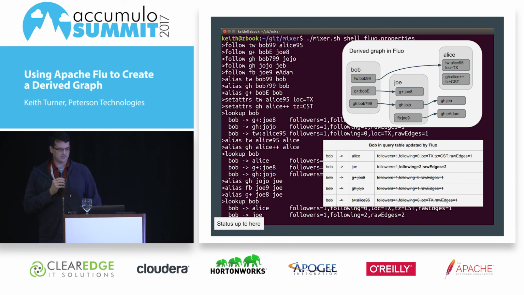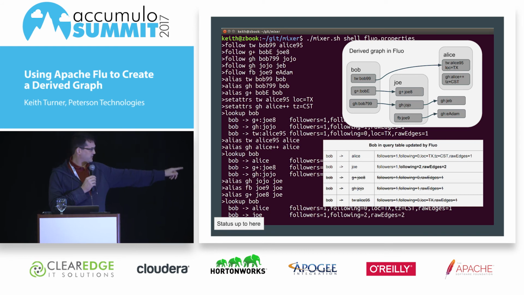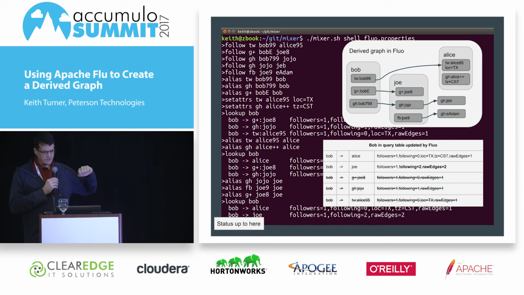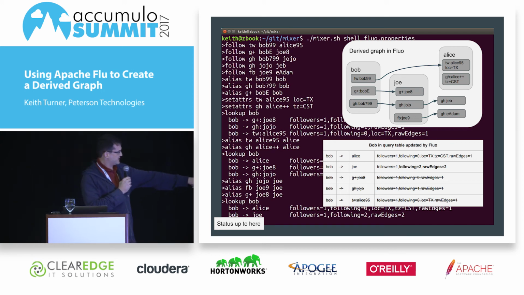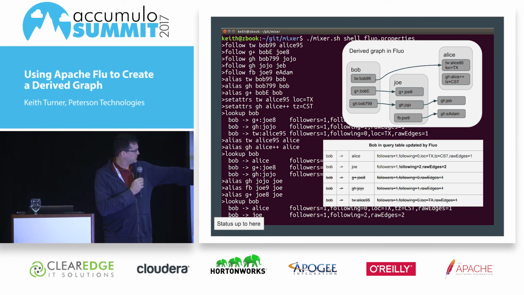And then we add the aliases for Joe to bring all the Joe users under one virtual user. And that causes more links to be deleted in the derived table. And then we add these links directly from Bob to Joe in the query table. And we get this following equal to.